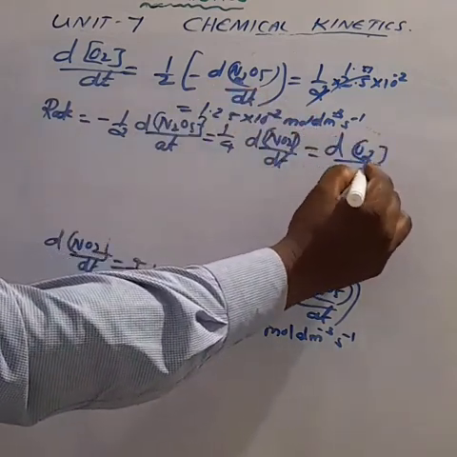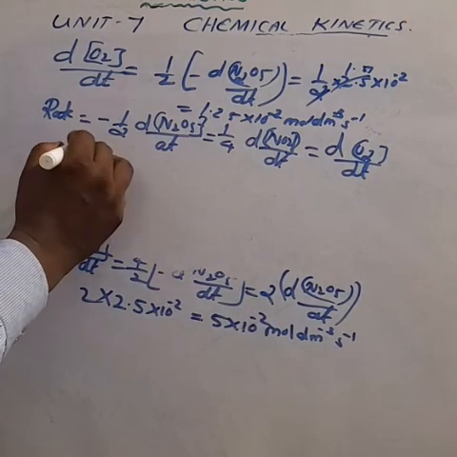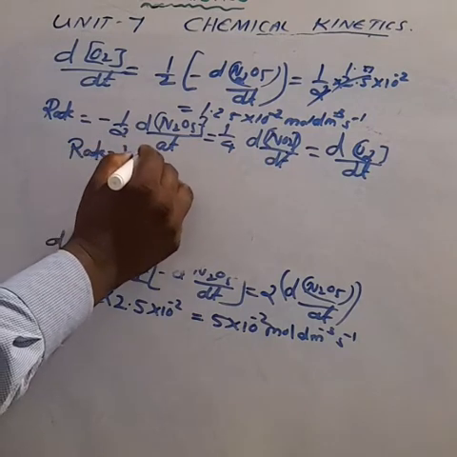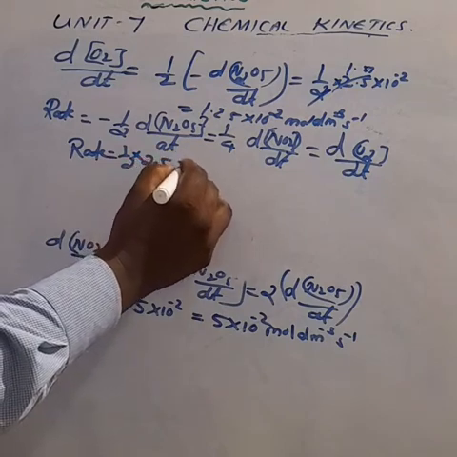Then the rate, half into the first one, we know that is 2.5 into 10 raised to minus 2, already given for N2O5.